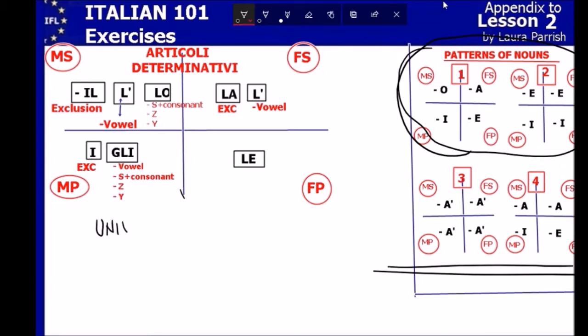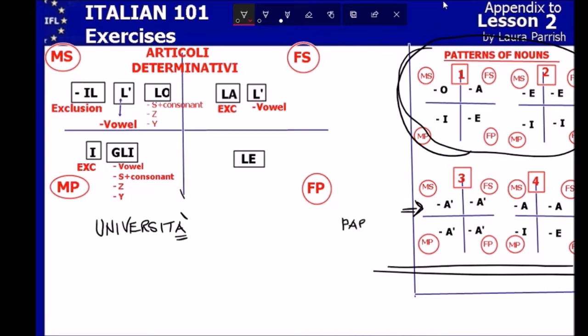Università. Università. You know, it ends with an accented a, so you know it belongs to one of those patterns, very rare, because here are all accented a. So in those patterns, and you find it in lesson number 1, all words ending in an accented a are feminine, all of them, with only 2 exceptions.